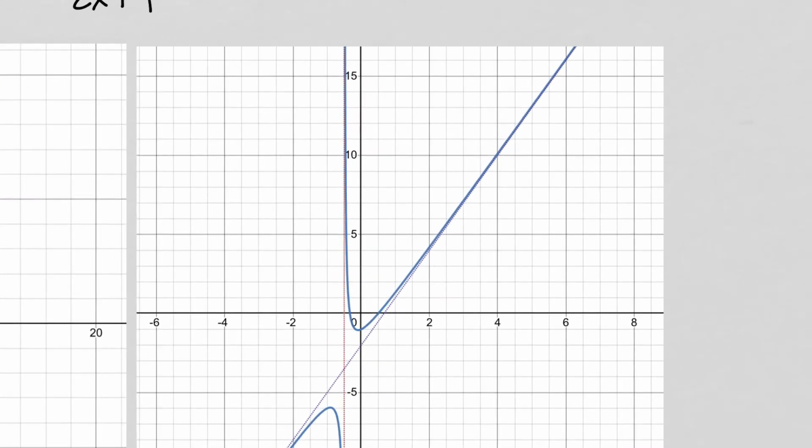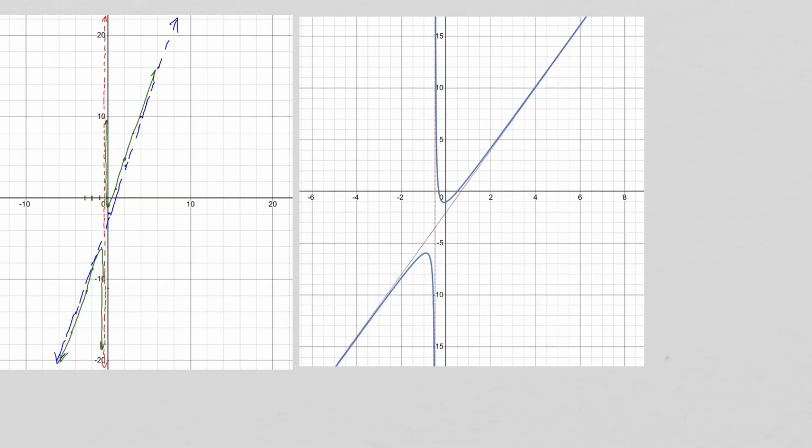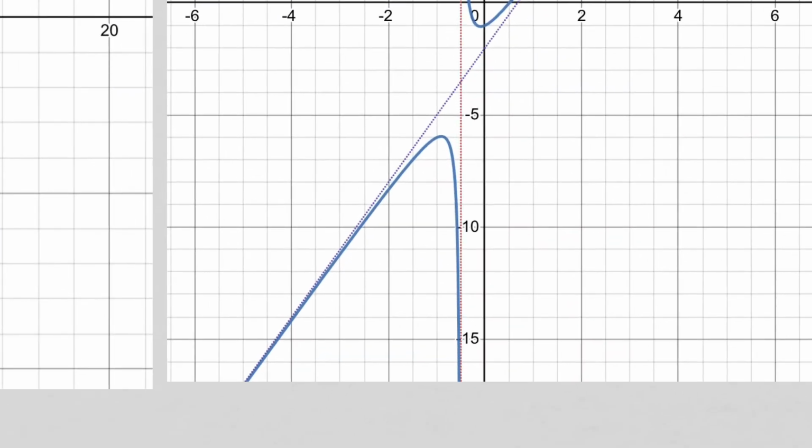So as we plug in larger values of x, you can see the function is getting closer to that slant asymptote. Very, very close. And of course, for the vertical asymptote, as you plug in values of x close to -1/2, you will see that you get that infinite behavior. And the same thing happens on the negative side.